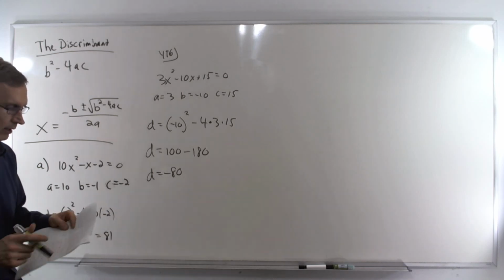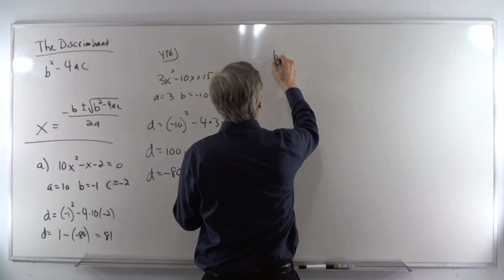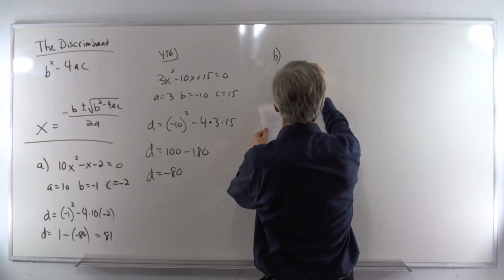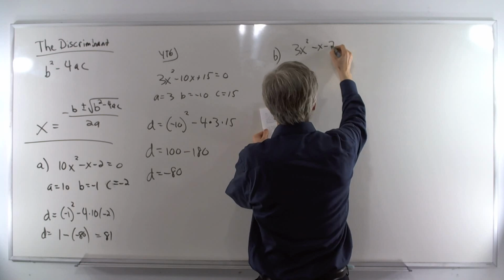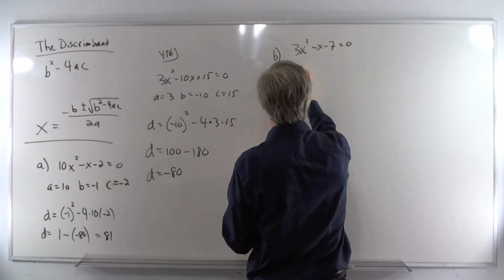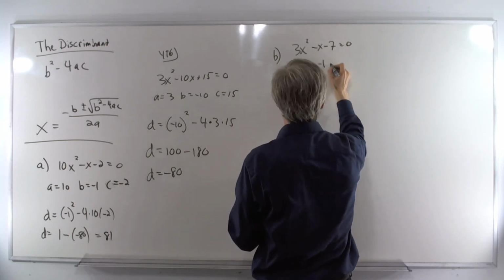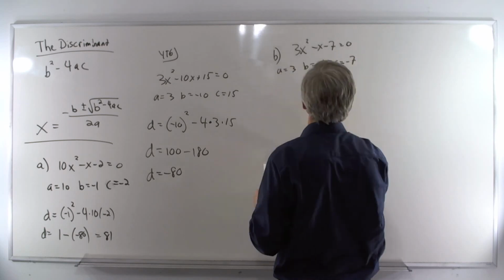Next up, part B. 3x squared minus x minus 7 equals 0. So A is 3, B is -1, and C is -7.